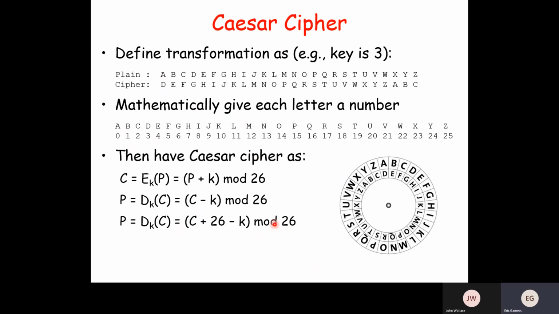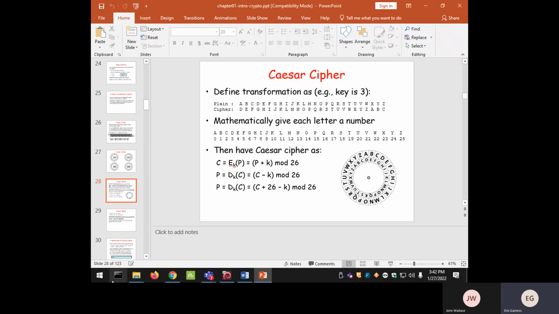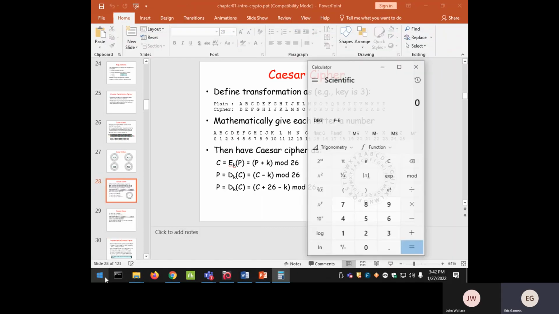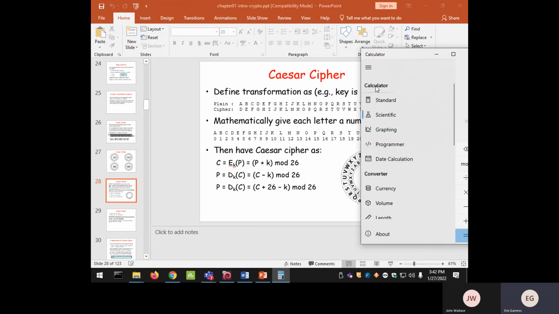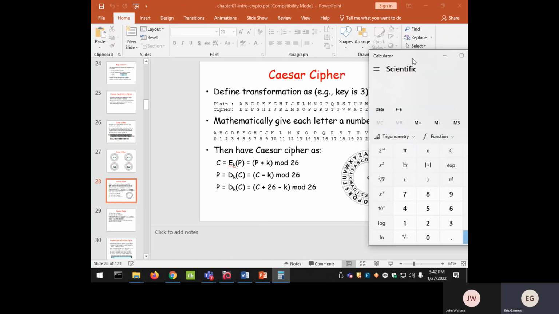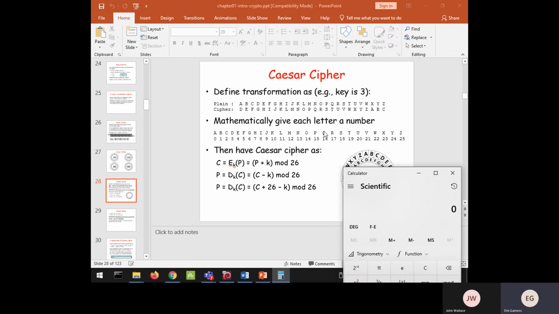Is it correct what I say? Let's do it again. Let me take the calculator because I don't want to make any mistake. So we want to show that a Q is an N. So a Q is 16.